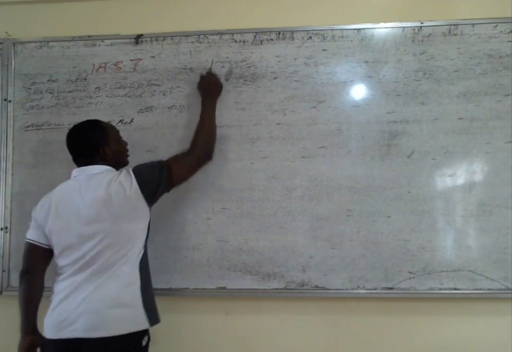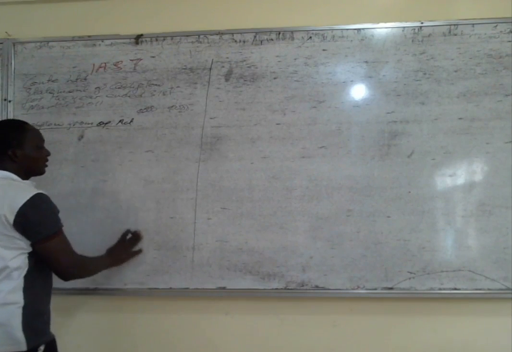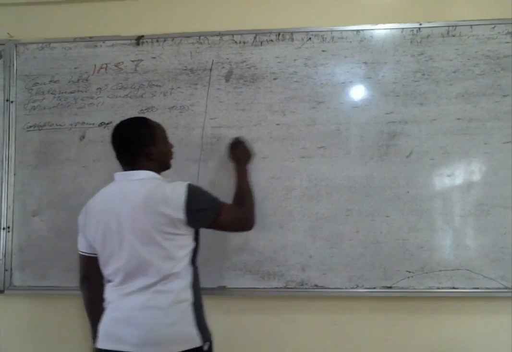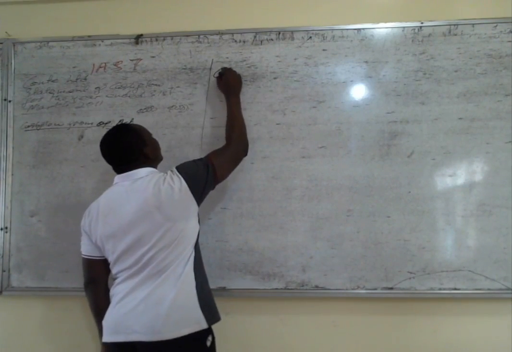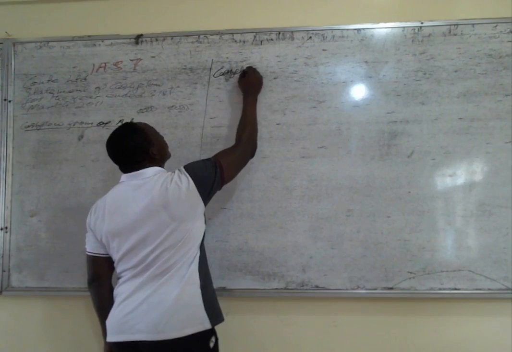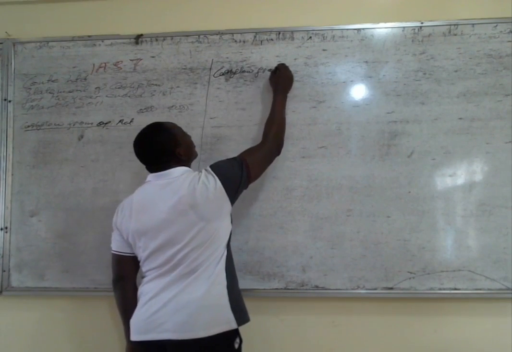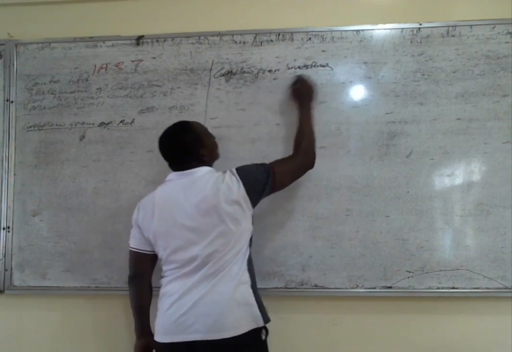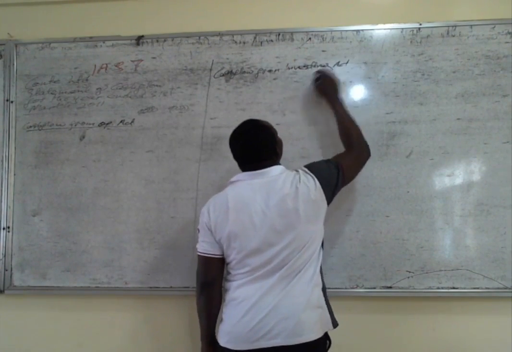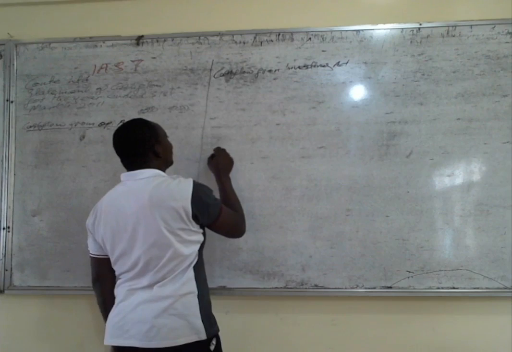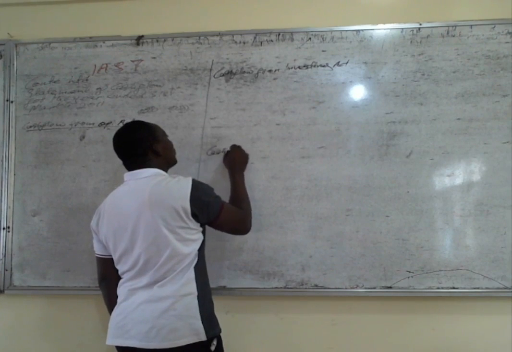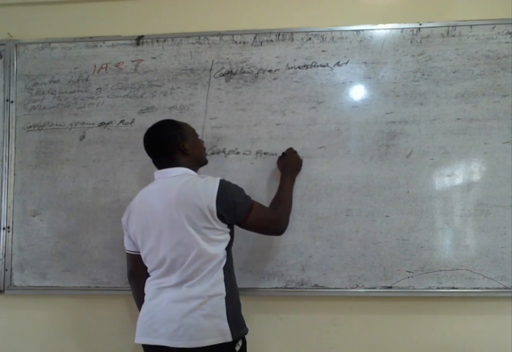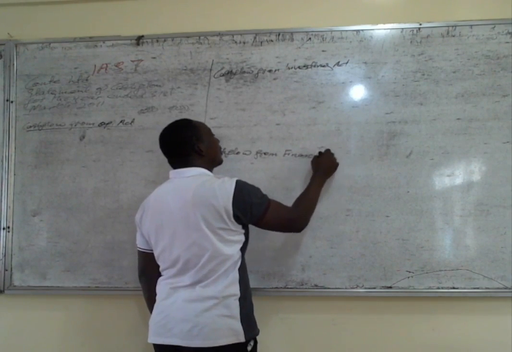So please, you can bring this one, the full page. Then the next page, half of it is cash flow from investing activity. Then the other half will be cash flow from financing activity.